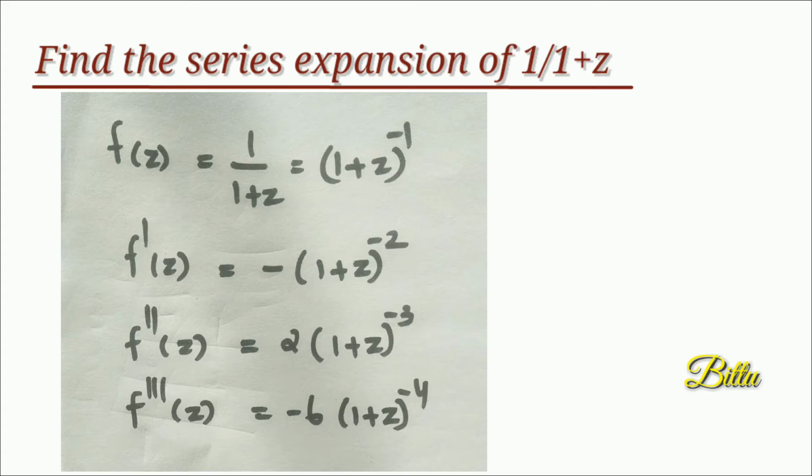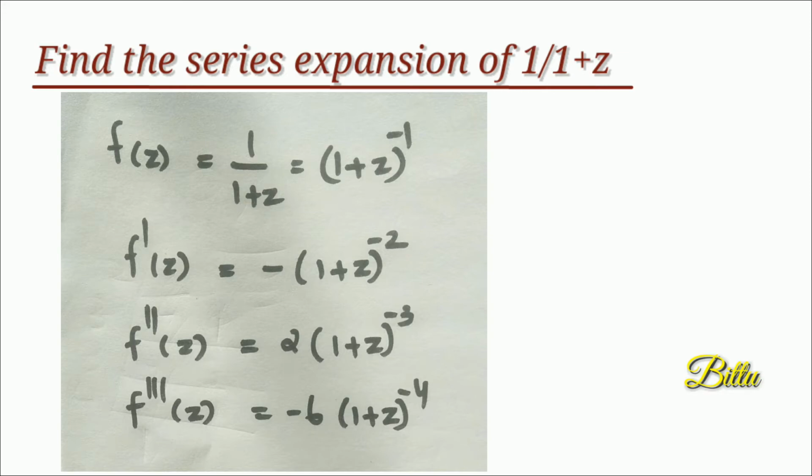So its derivative is minus 1 into 1 plus z raised to minus 1 minus 1, that is minus 2. So f dash z is minus of 1 plus z raised to minus 2. Next, f2 dash z is minus 1 into minus 2 into 1 plus z raised to minus 3, that is 2 into 1 plus z raised to minus 3. Here minus 1 into minus 2 becomes 2.